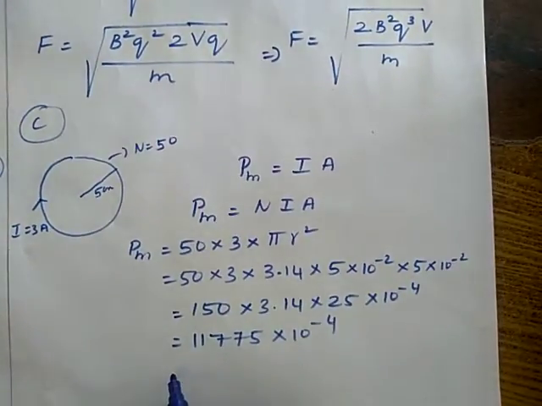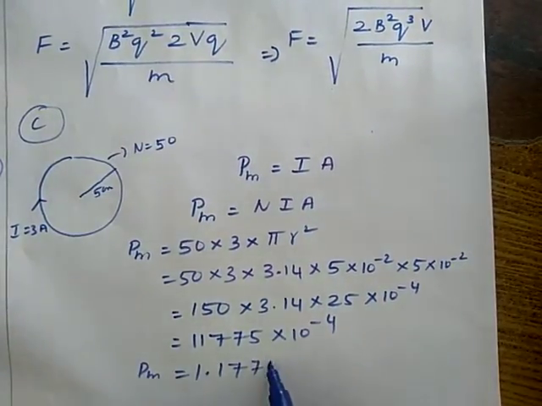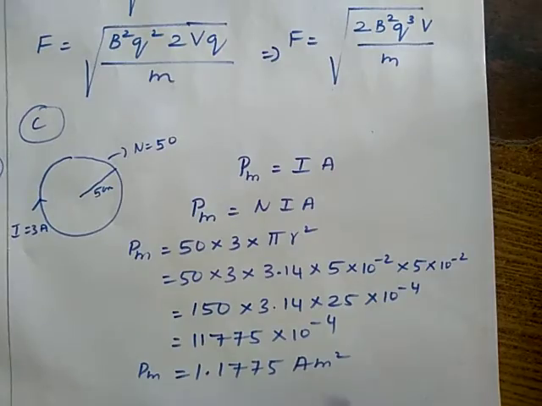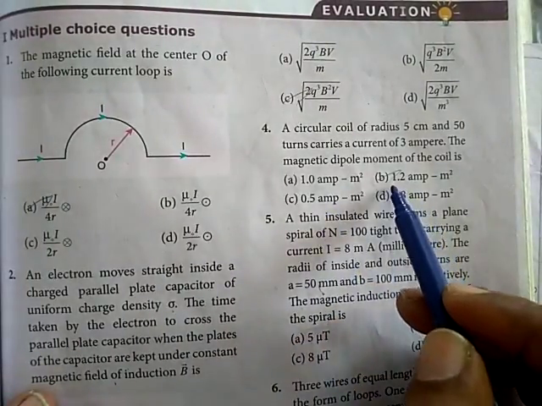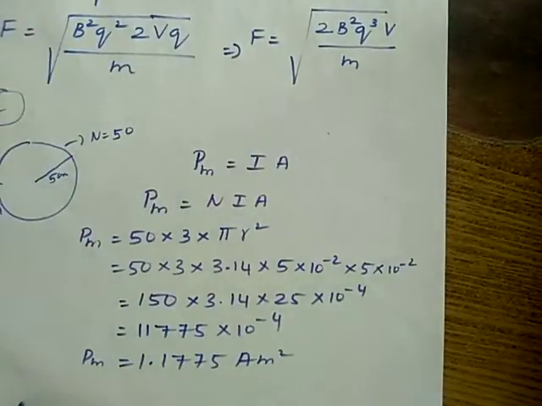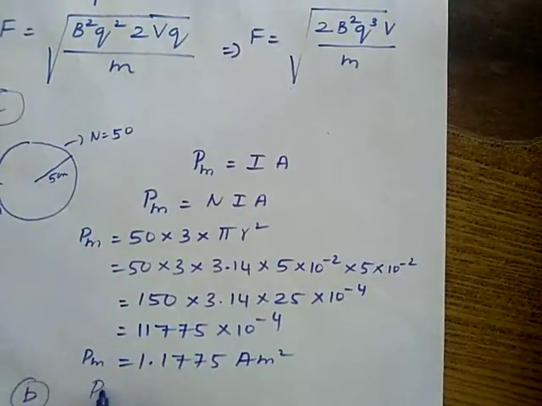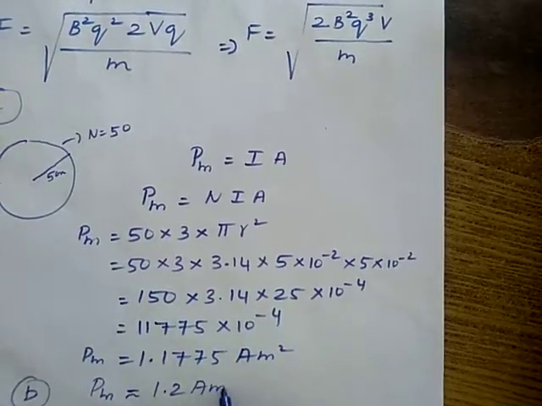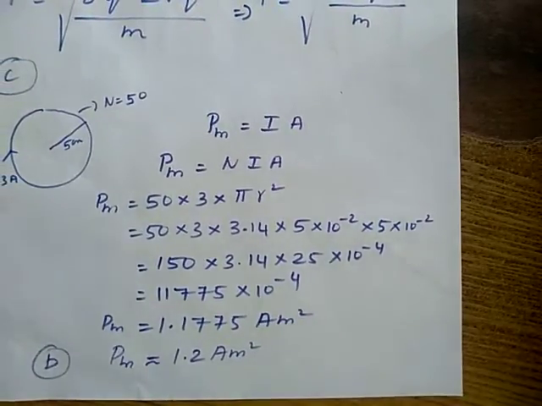After solving this, we get 1.1775. The unit of dipole moment is ampere meter square. Here it is not in the options, but the nearest one is 1.2 ampere meter square. So the answer is B. Pm is approximately equal to 1.2 ampere meter square. It is the correct answer.